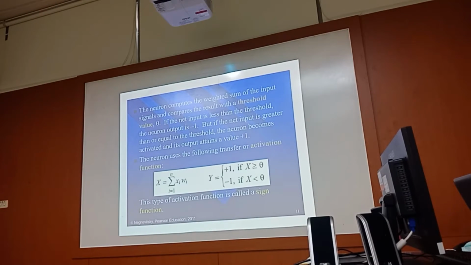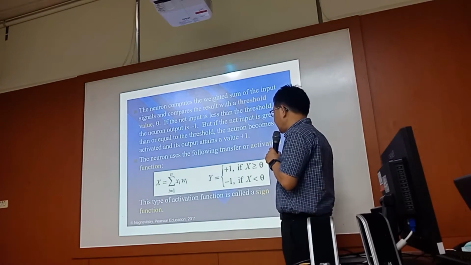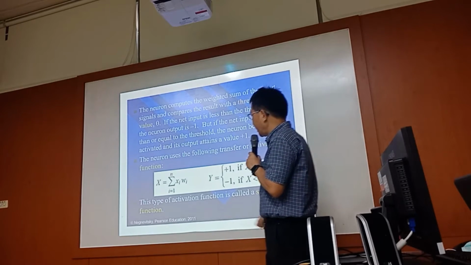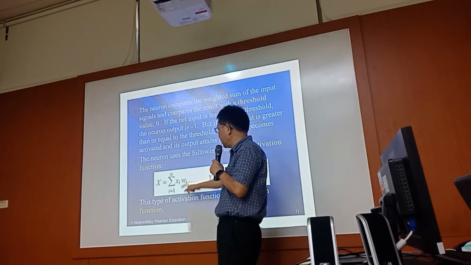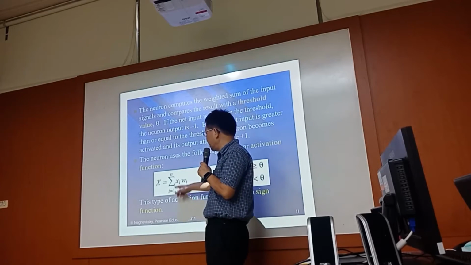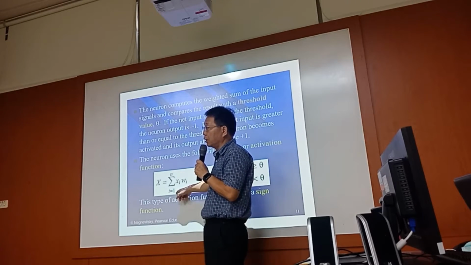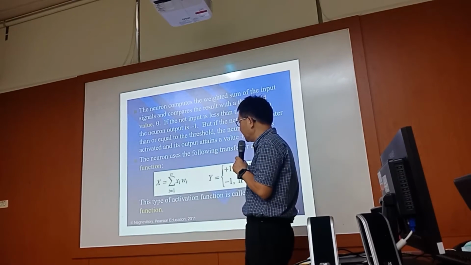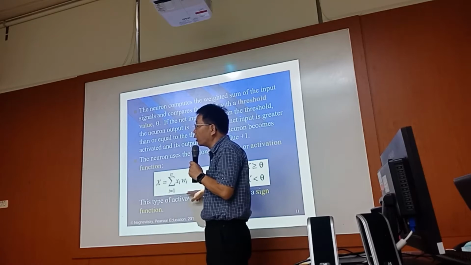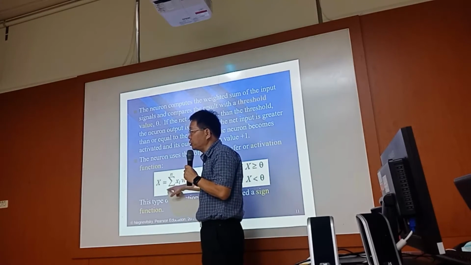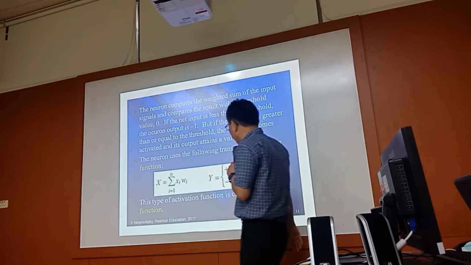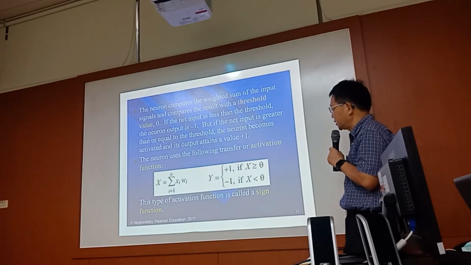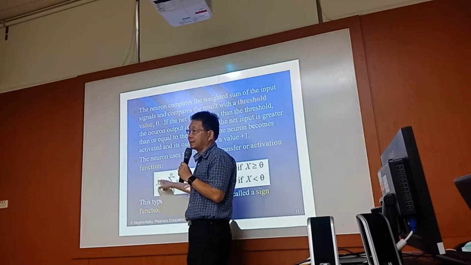So usually we define the mathematical function. This is a sign function. The Si is the input, and Wi is the weight, and i is the number of the input neurons. So this mathematics is simple. It does the summation, which sums the values, and then after this, we get the value of s.